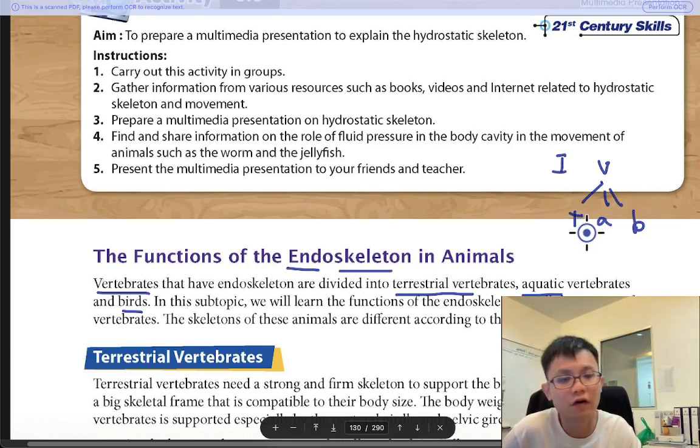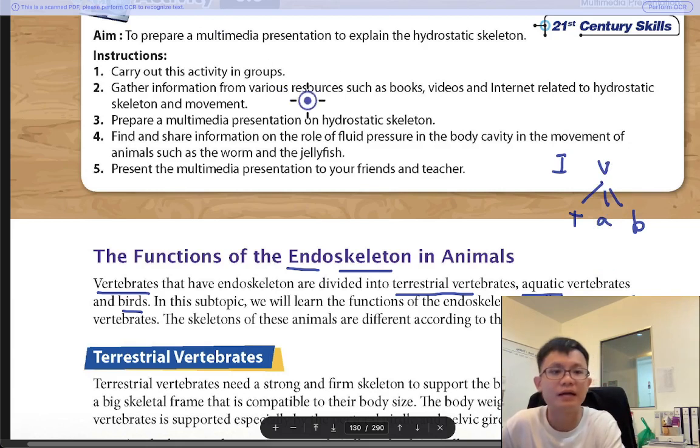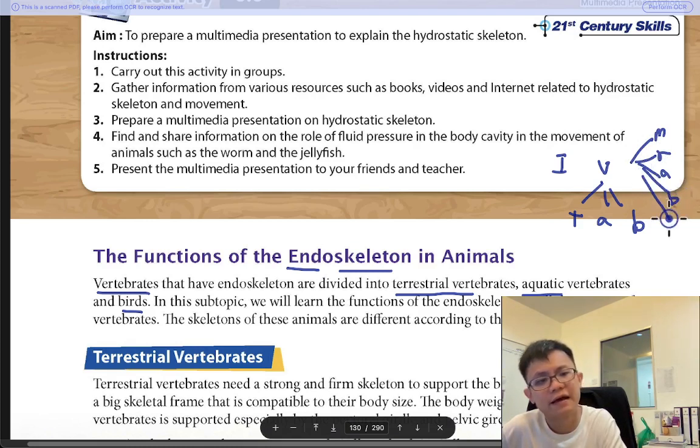Of course, for vertebrates, if you still remember, last time we learned that vertebrates are divided into mammal, reptile, amphibian, bird, and one more is what?